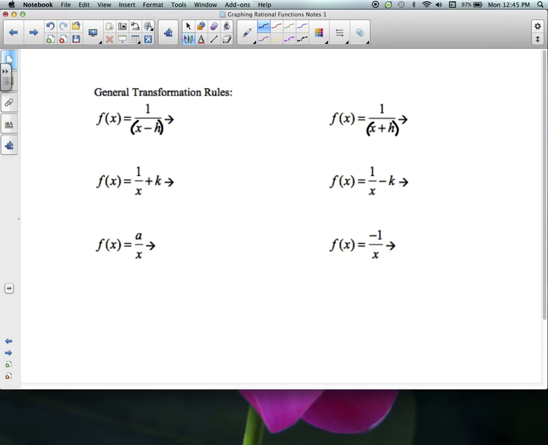If it's a plus, you'll go left. If the number is not part of the function, then that's when you go up or down. So positive is up, negative is down.